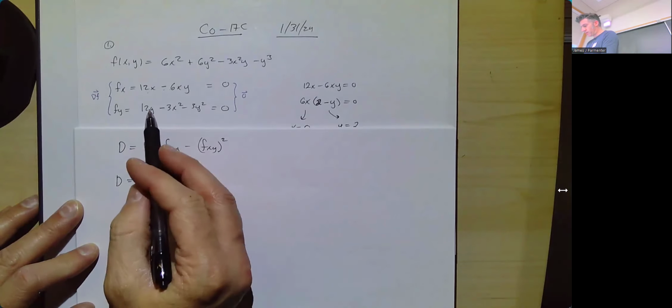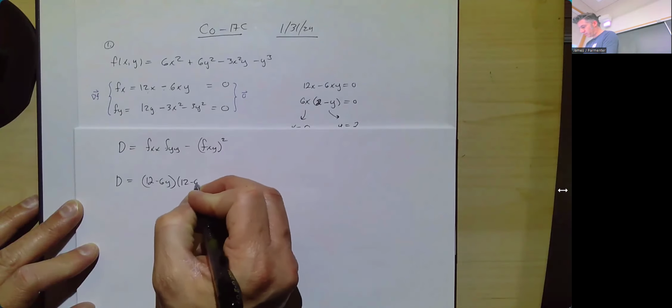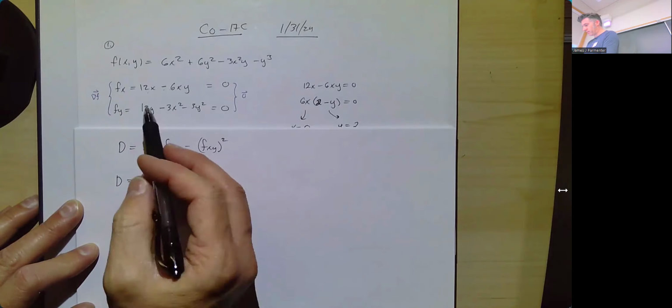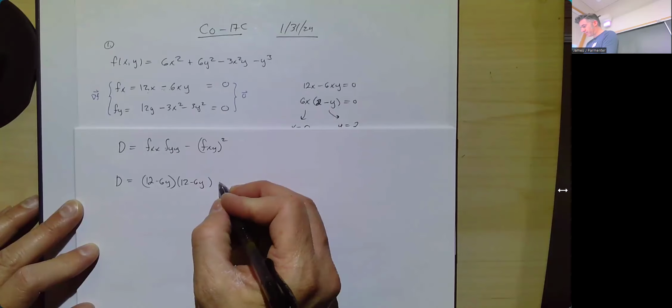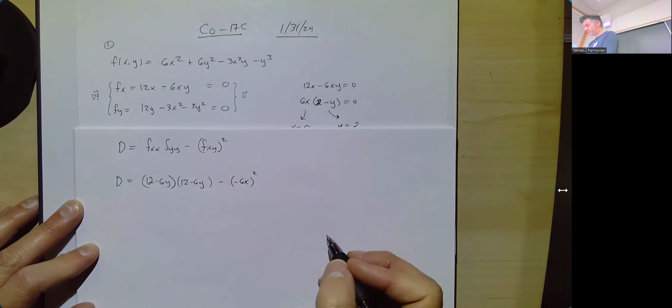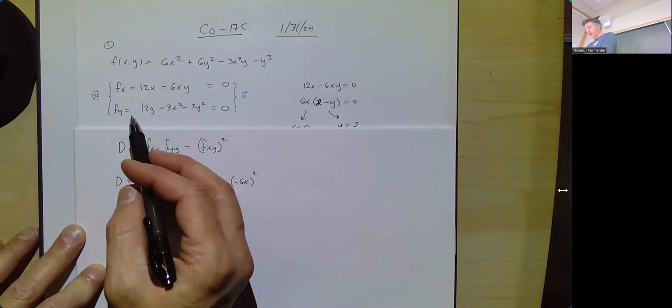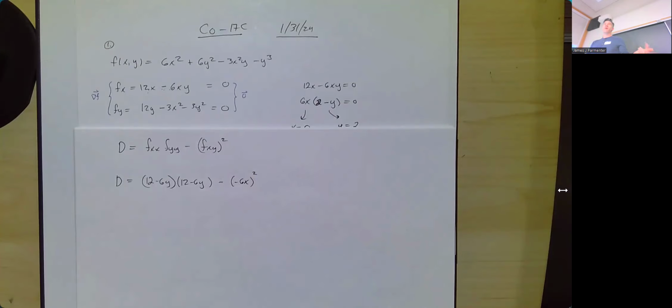Fyy is going to be 12 minus 0 minus 6y. That's convenient. And fxy is going to be 0 minus 6x, squared. And if I check the other way, fyx is also negative 6x. I like to confirm that the mixed partial derivative, either way I do it, ends up being the same. That's usually a good check to make sure you've done things the right way, because they should be equal for the problems we're doing.